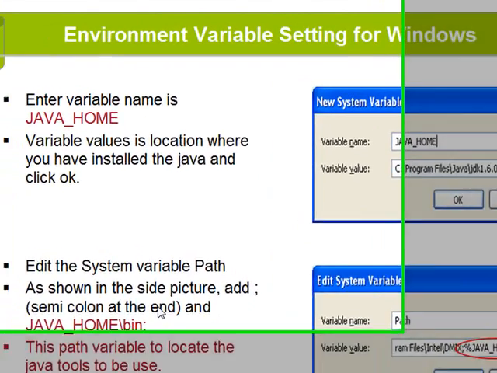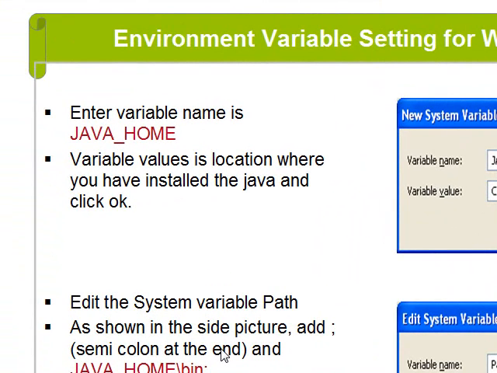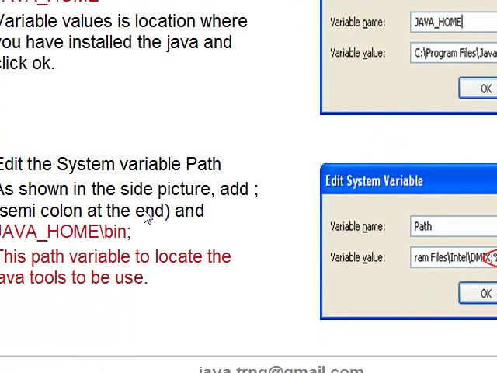Then you need to specify the path variable. Why do I need the path variable? Path is a way of telling the operating system where Java related tools are available. The tools can be the compiler, the runtime Java virtual machine and many other tools which you get as part of the JDK software.